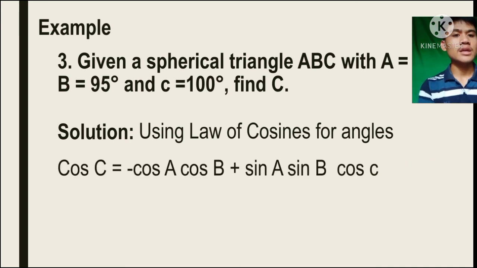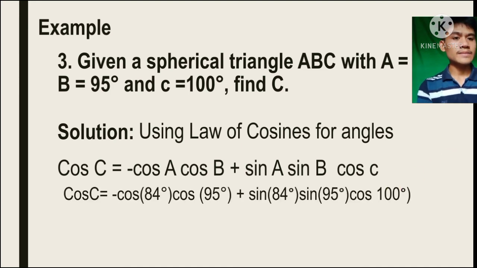So we have cosine C is equal to negative cosine A cosine B plus sine A sine B cosine C. Just reform the given formula for us to find the C. Next would be the substitution of our given values into our given formula.